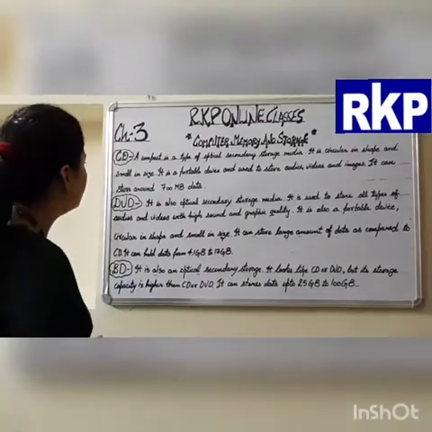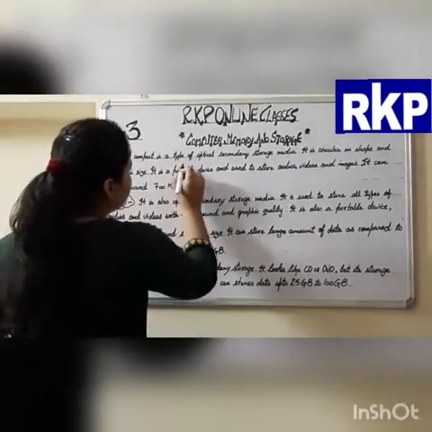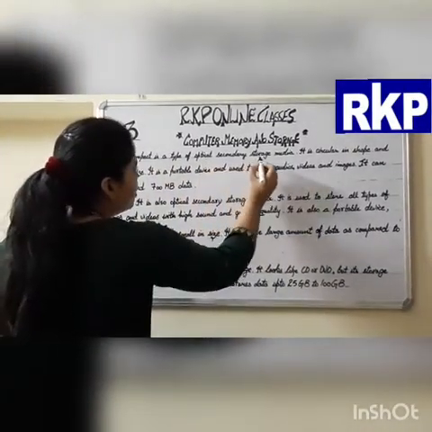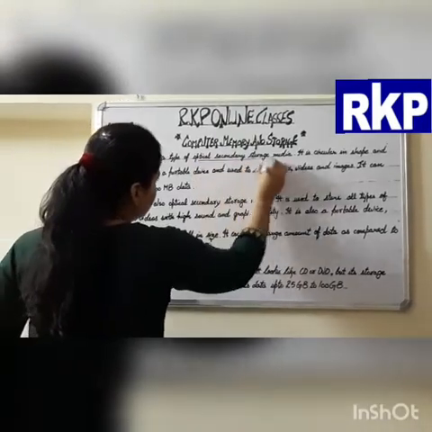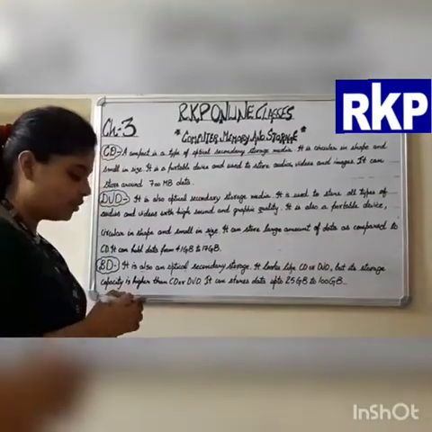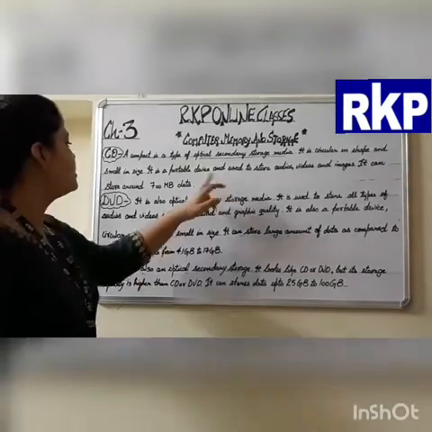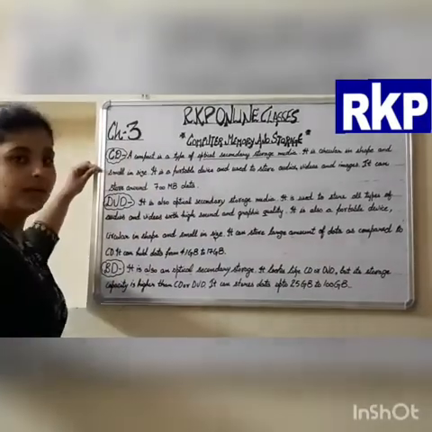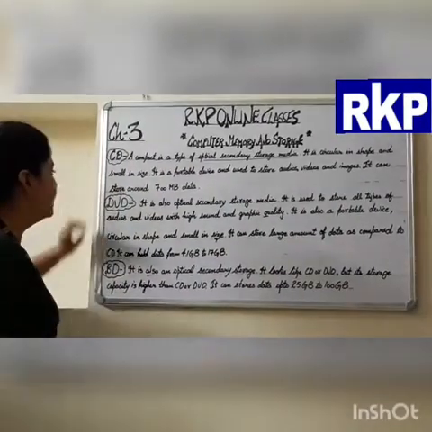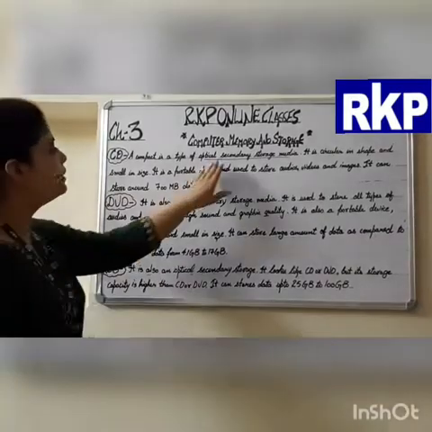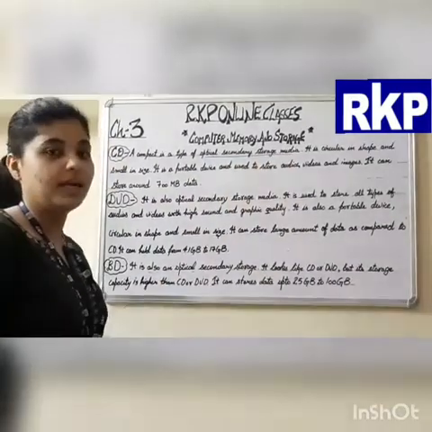A compact disk is a type of optical secondary storage media. Now what is optical secondary storage media? Students, CD, DVD and BD are all optical secondary storage media.